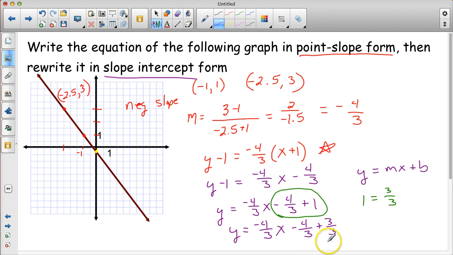But this can be simplified further. If I take -4/3 and add 3/3 to it, I get -1/3. So my equation is y equals -4/3x minus 1/3. And this is in slope-intercept form.